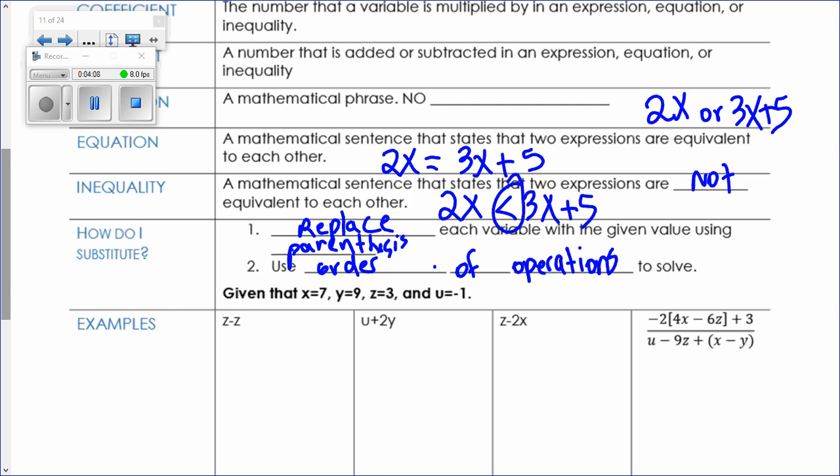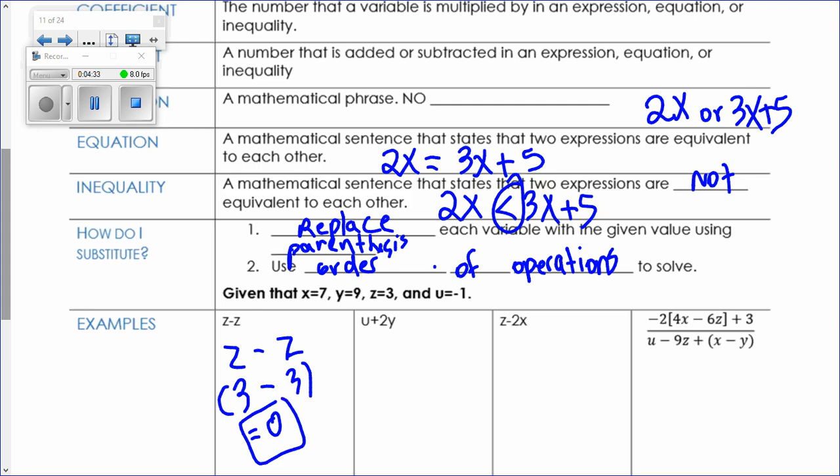Okay? So first, z. I'm going to rewrite this so it's bigger. z minus z. So z equals 7. Nope, z equals 3. So 3 minus 3 equals 0. Here's my final answer.